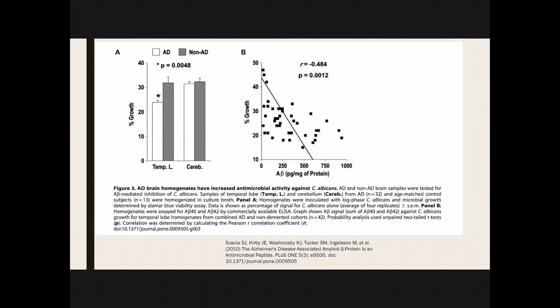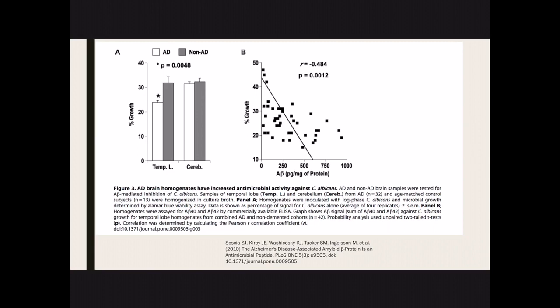brain homogenates of Alzheimer's disease patients, which by definition contain increased amounts of amyloid protein, are able to decrease the replication rate of Candida albicans in tissue culture.